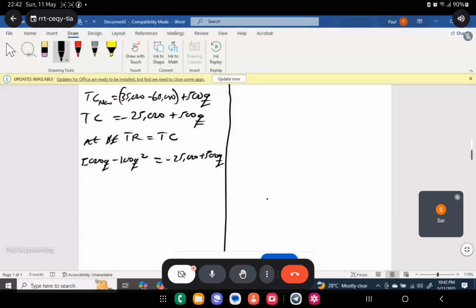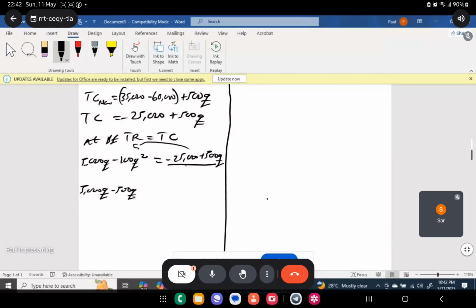So everything here will come this way. From here we are getting 5,000Q. Now this is 500, so when it's coming it becomes minus 500 because it's positive. When it's crossing the equal to sign, it becomes minus.